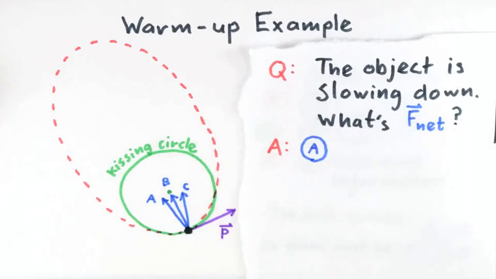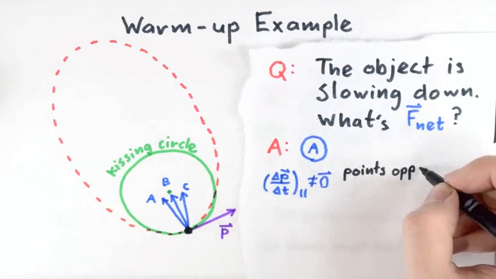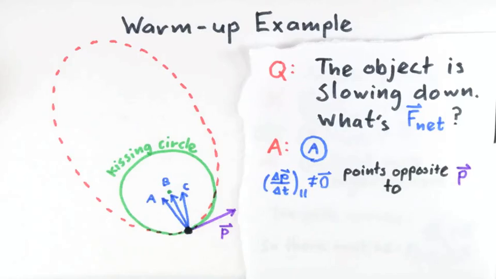To answer this, we first need to determine the direction of F net parallel. Again, from the observation, here from delta p over delta t parallel, which, as we said earlier, points opposite to the direction of the object's motion if the object is slowing down. By Newton's second law, there must be a cause for this slowing down.